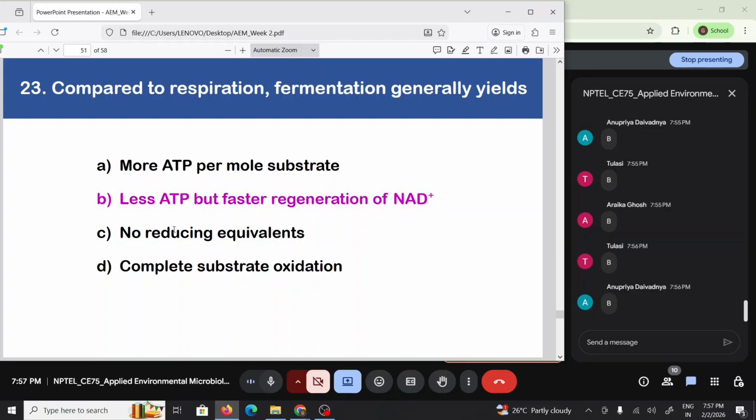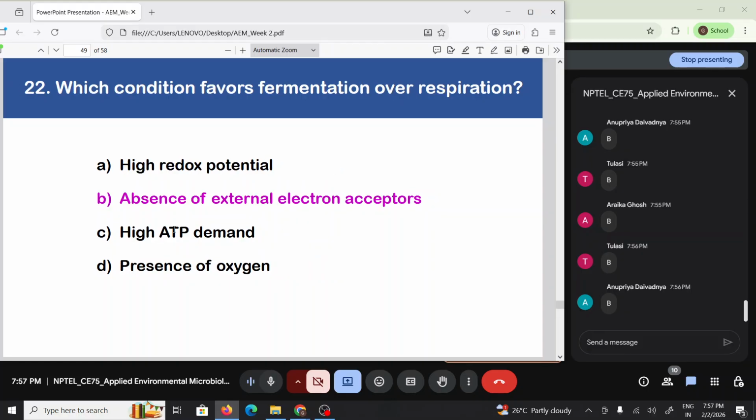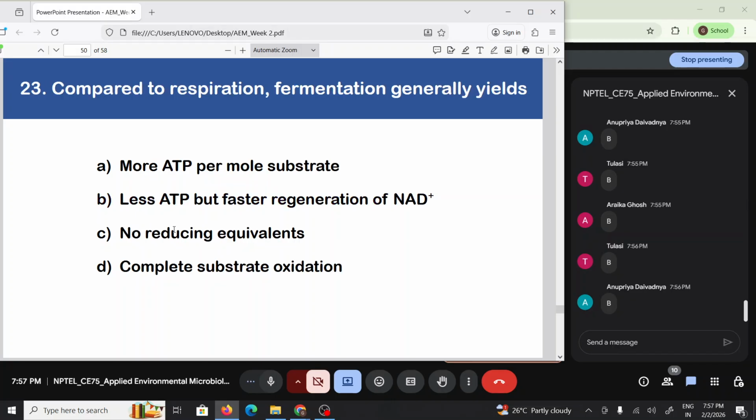Compared to respiration, fermentation generally yields lesser ATP but faster regeneration of NAD+. So you can see that we have an absence of external electron acceptor, and we have less ATP generation in the process.